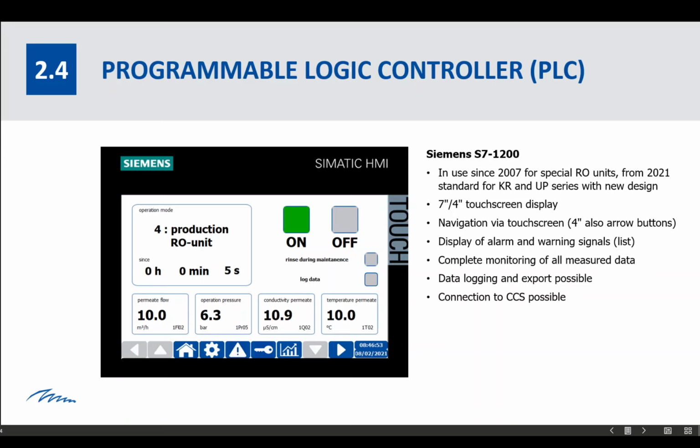And the 4-inch version also has arrow buttons. We have a display of alarm and warning signals, displayed as a list. For those of you who already know the Siemens version, it's exactly the same everywhere. And we have complete monitoring of all measured data. Data logging and export is possible. And we can also connect it to the CCS.